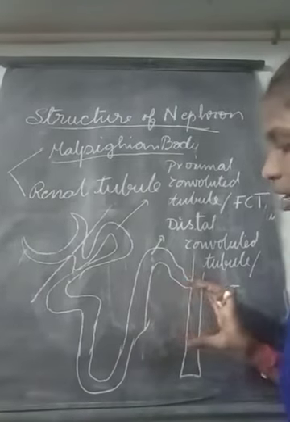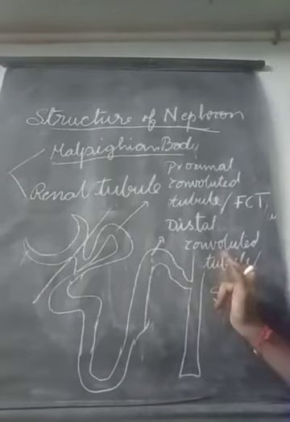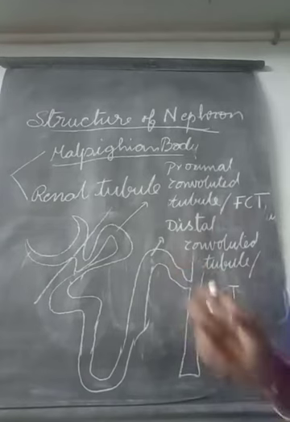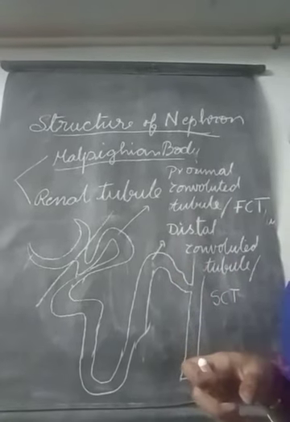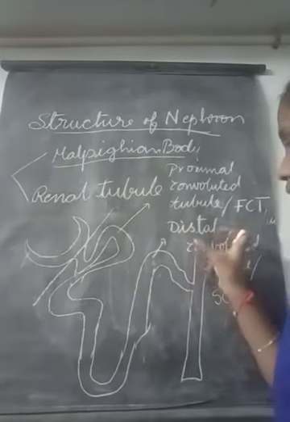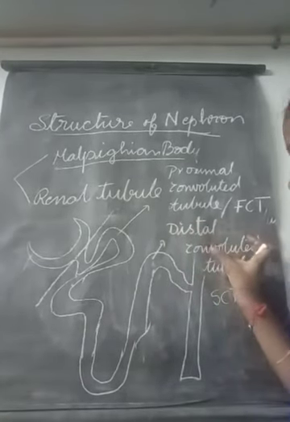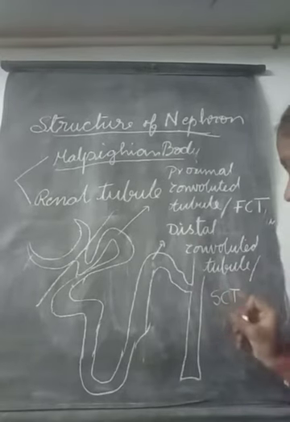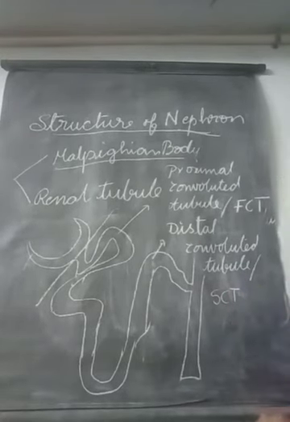Distal means the back portion. Convoluted means turned, and it is a tubule. So we will call it distal convoluted tubule. And the other name for this is second convoluted tubule.